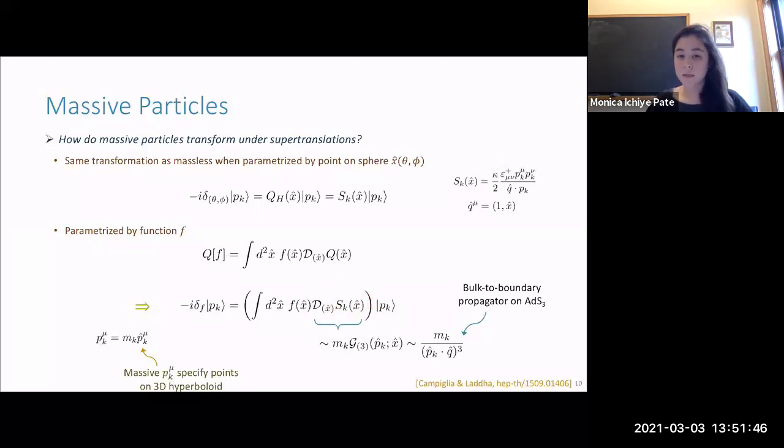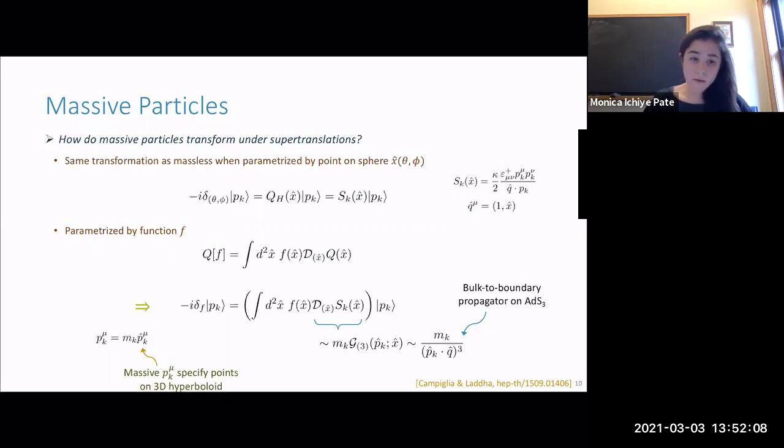But that was because we could associate the momentum of a massless particle canonically with a point on the 2-dimensional sphere, namely the direction in which it was propagating. The momenta of massive particles aren't canonically associated with points on the sphere, and that's easy to see if you consider the rest frame. In that case, there's no direction that's associated to that momentum.